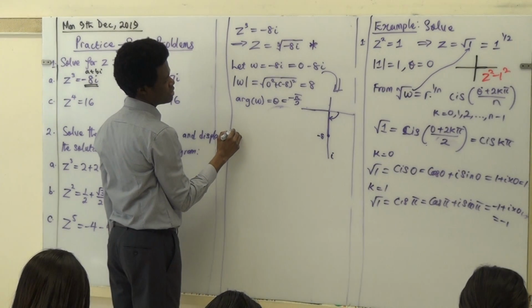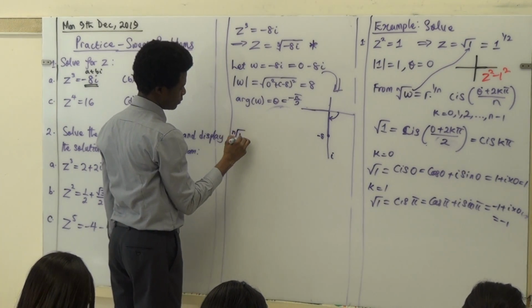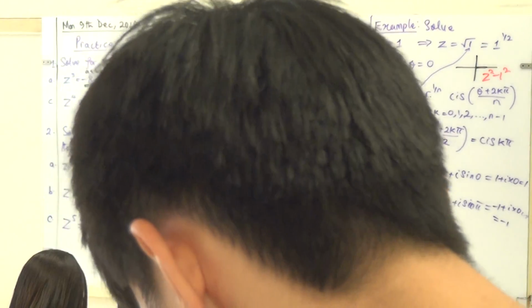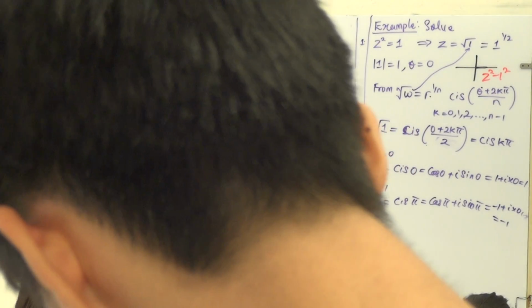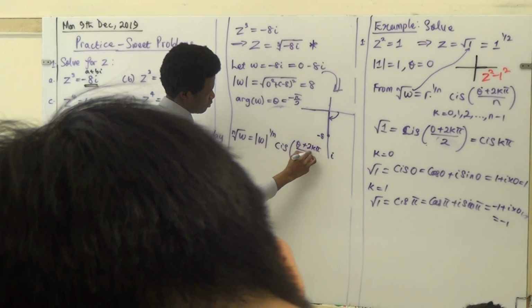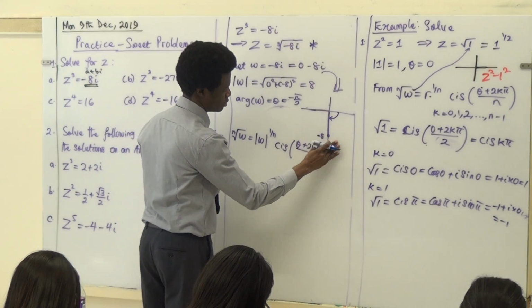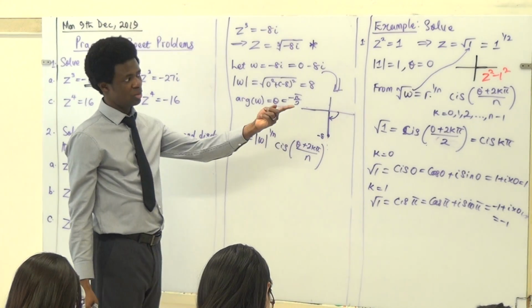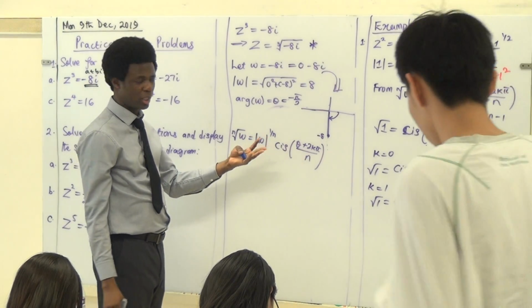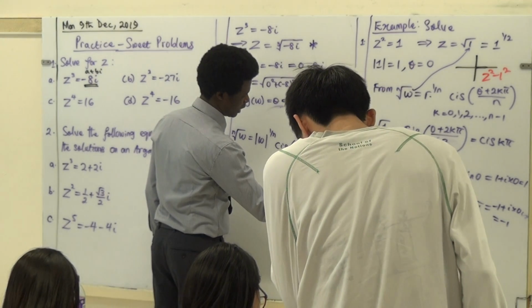The nth root of W is the absolute value of W to the power 1 over n, times cis of theta, which is the argument of W, plus 2k pi, divided by n. Here the absolute value of W is R. I changed the notation because maybe that's why we are confused. Of course, k is from 0 up to n minus 1.